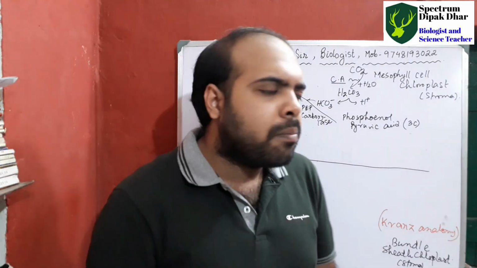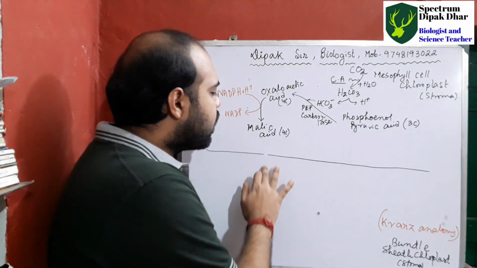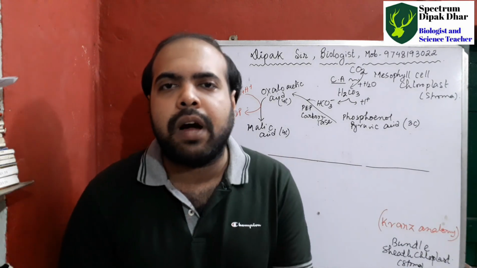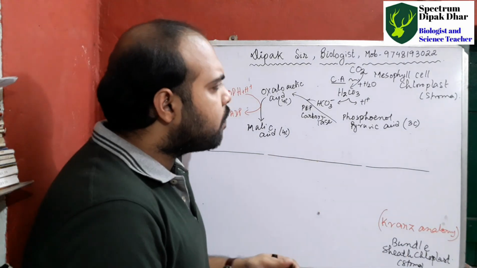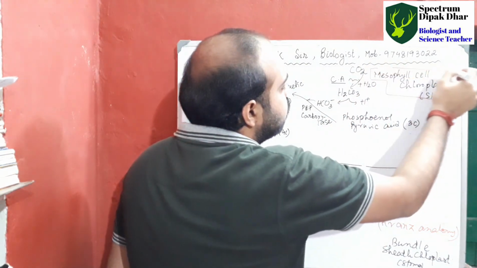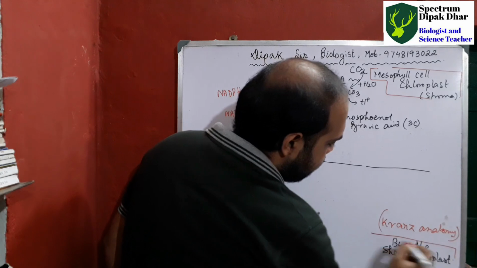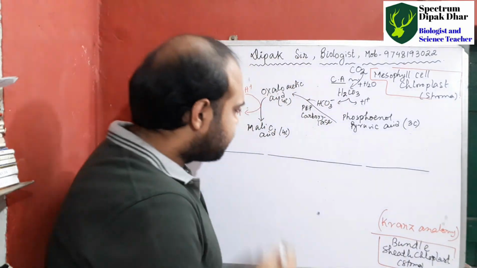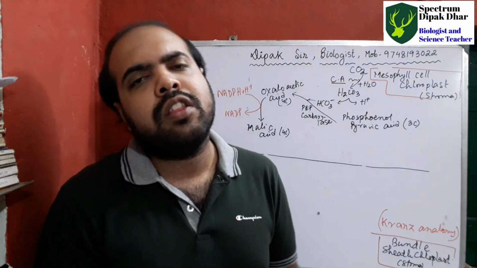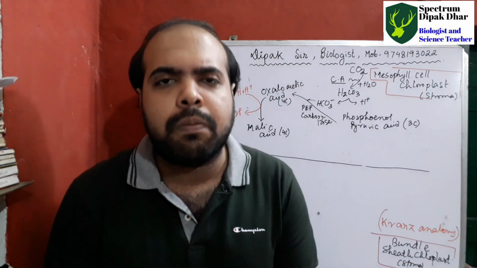Here also plasmodesmata will be connected. Plasmodesmata will be performing the connection between the bundle-sheath chloroplast and the mesophyll cell chloroplast. Here it is the mesophyll cell chloroplast stroma, and here is the bundle-sheath chloroplast. Now the reduced form of the malic acid that has been formed in the mesophyll cell chloroplast will be transported.